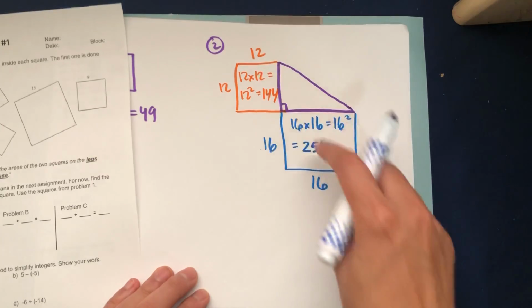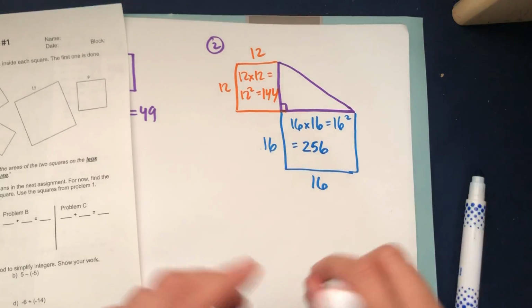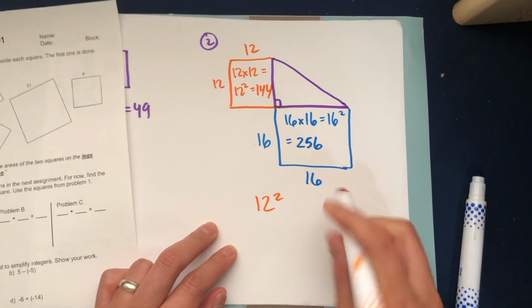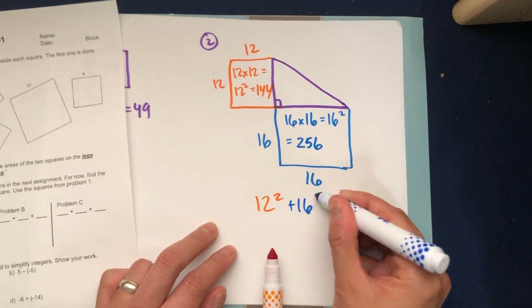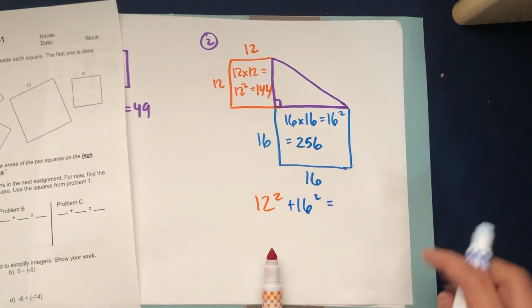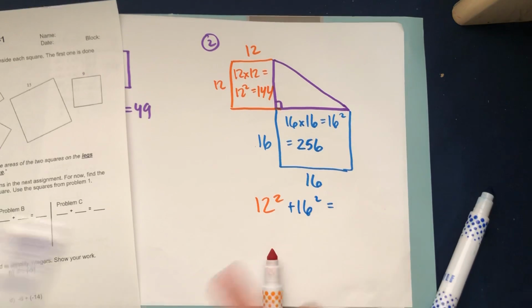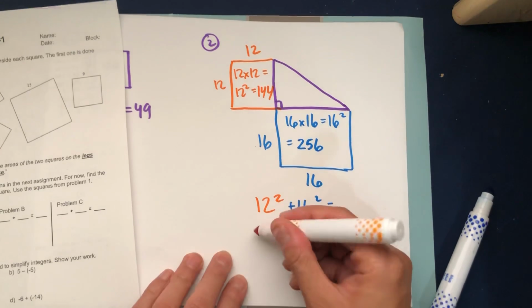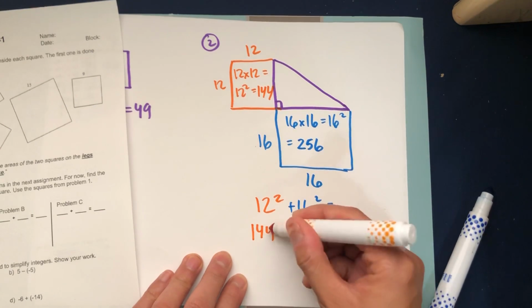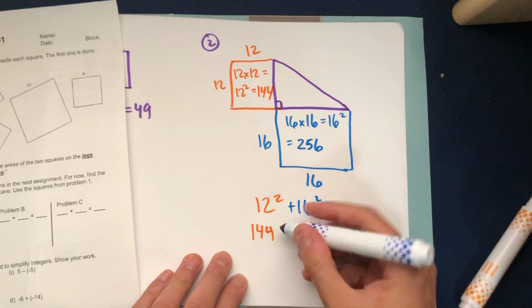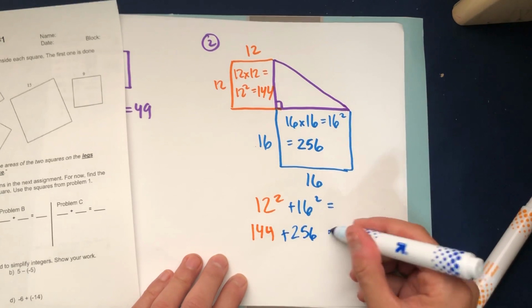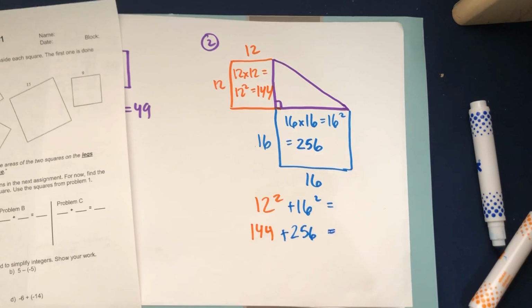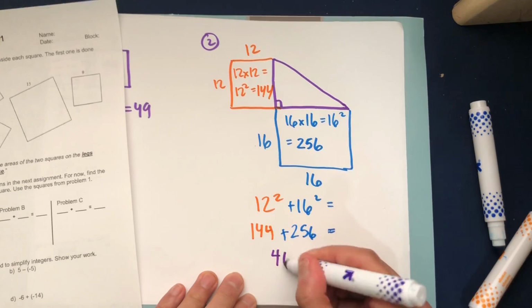So we take these two squares, 12 squared plus 16 squared. And the question is, what do we get when we take 12 squared plus 16 squared? Well, 12 squared is 144, and 16 squared is 256. When we add the two, we end up getting 400.